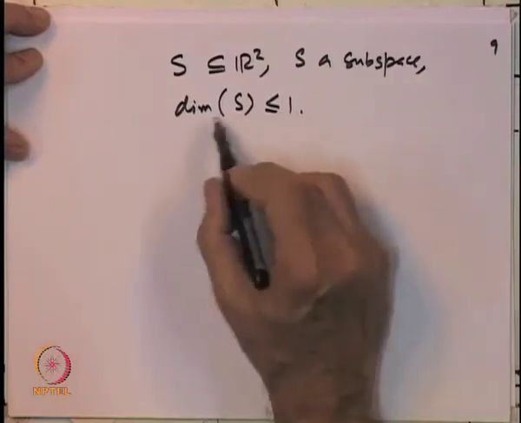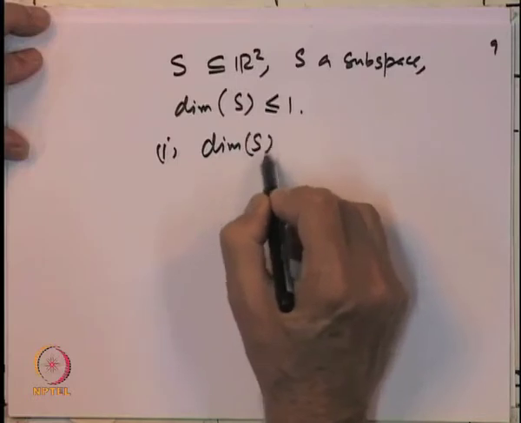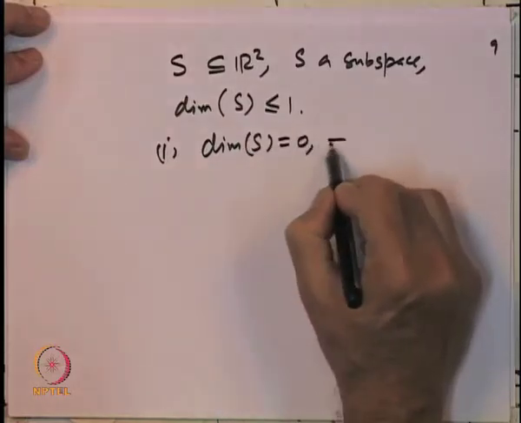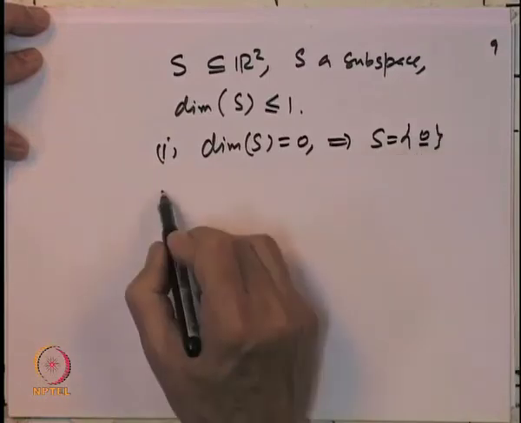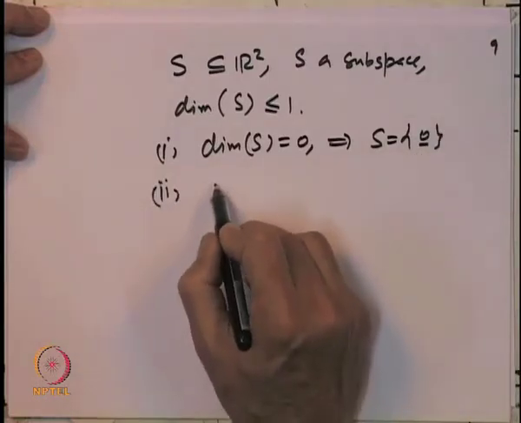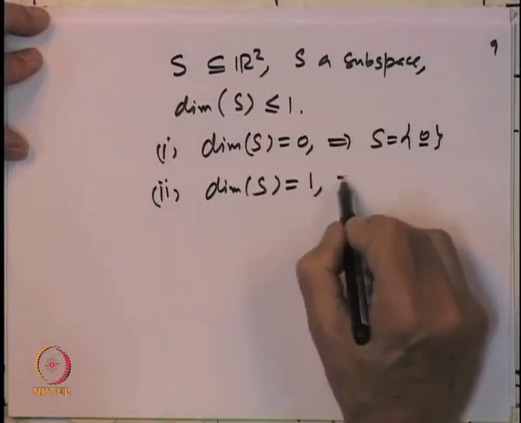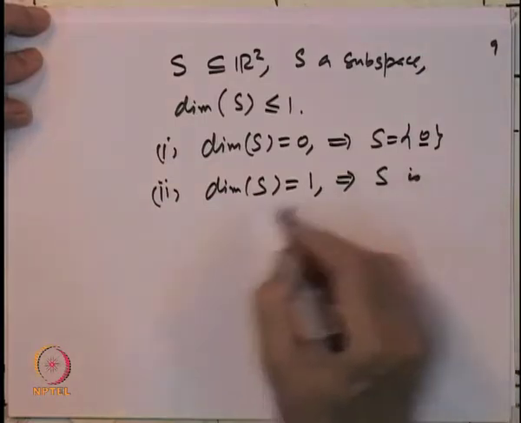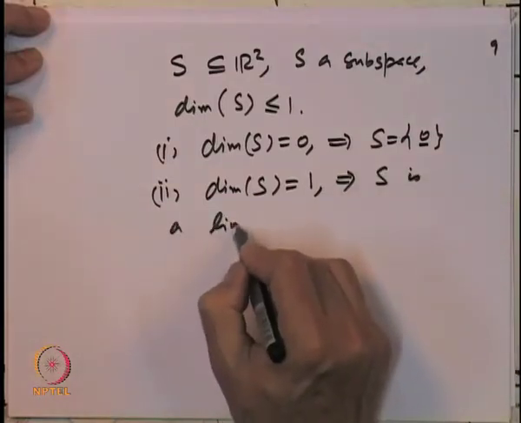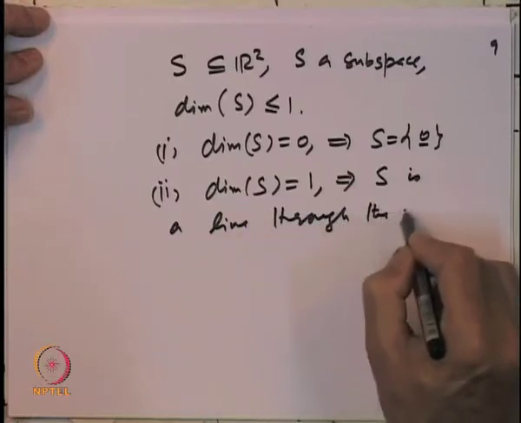One possibility is that the dimension of S is equal to 0. That implies that S is just the zero vector. Or secondly, the dimension of S is equal to 1, and that will imply that geometrically S is a line through the origin.